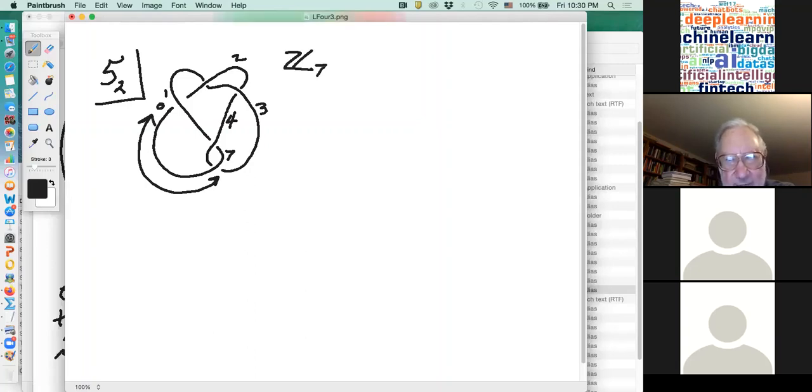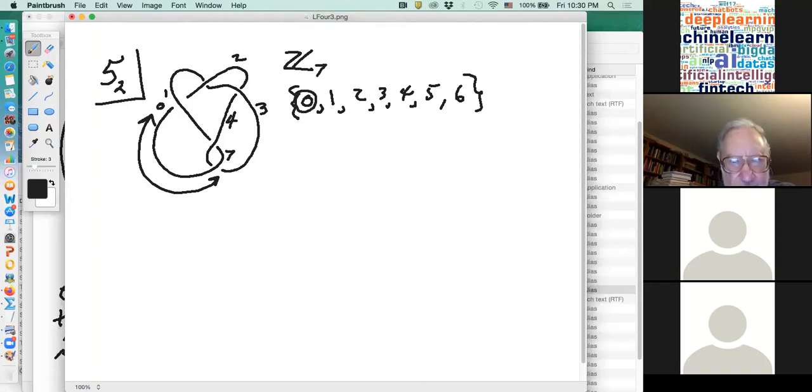And then you can take a look at what you've colored. You're going to be in the modulus 0, 1, 2, 3, 4, 5, and 6. And what have you actually used here? You used 0, 1, 2, 3, and 4. But you didn't, in this case, use 5 or 6.